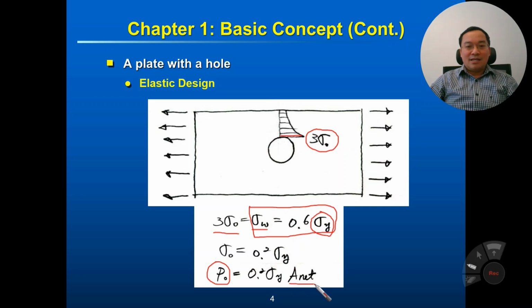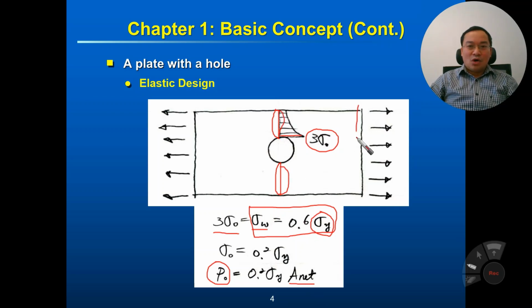What is A net? A net is the net area of this section. Net area means the area of the section excluding the hole. So only the area of this part plus the area of this part is the net area.